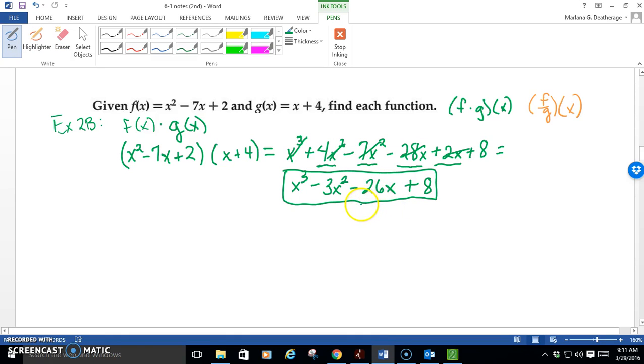Any questions about that? Alright, now we're going to divide. We're going to do f divided by g of x, or f over g of x, which is f of x divided by g of x.